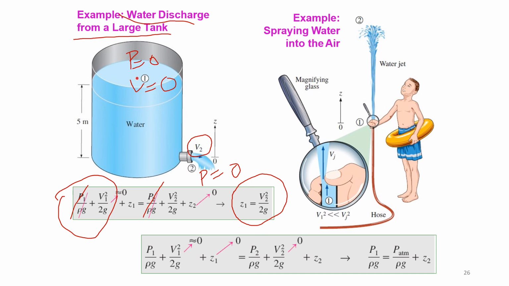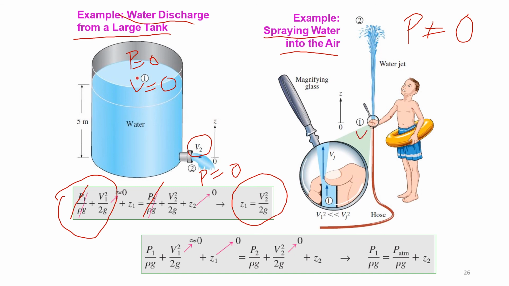Okay, then moving to another example, spraying water into the air. What is different is the pressure. For spraying water into the air, the pressure is not 0. So we have pressure 1, but the velocity at point 1 is 0 because it starts going out from the pipe.